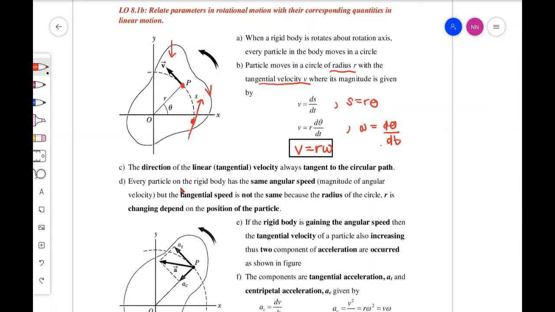Every particle on the rigid body has the same angular speed omega. Magnitude of angular velocity is the same, but the tangential speed is not the same. v dia tak sama because the radius r is changing depending on the position of the particle.